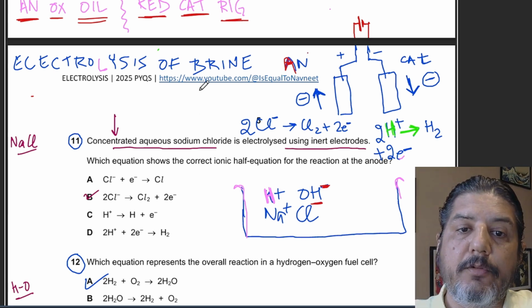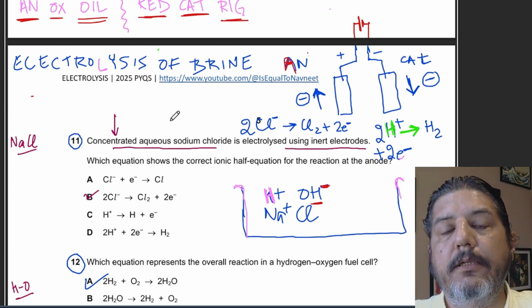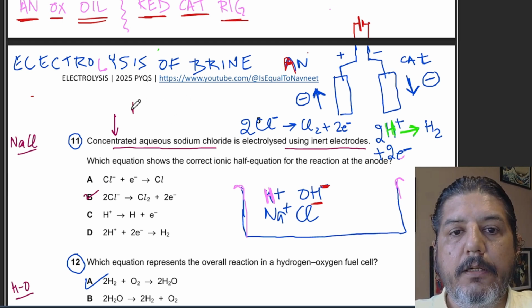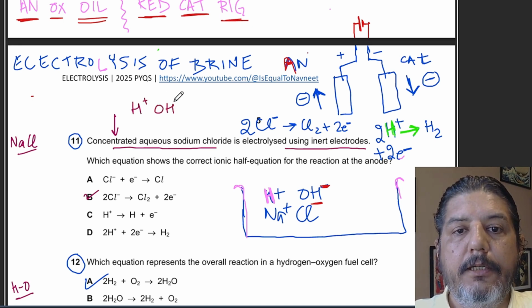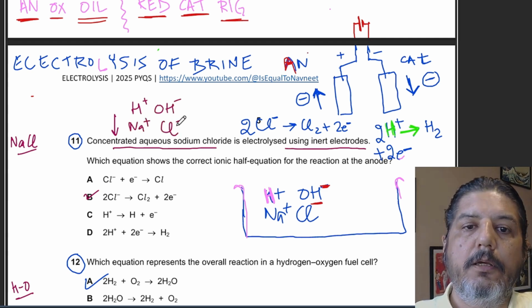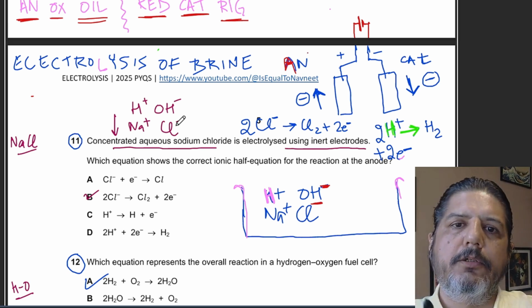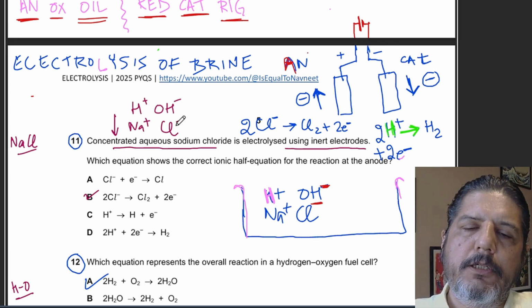And because it is aqueous, we'll have ions of hydrogen and OH also. So in the bucket, we will have these ions, which will rush towards the electrodes to get discharged.